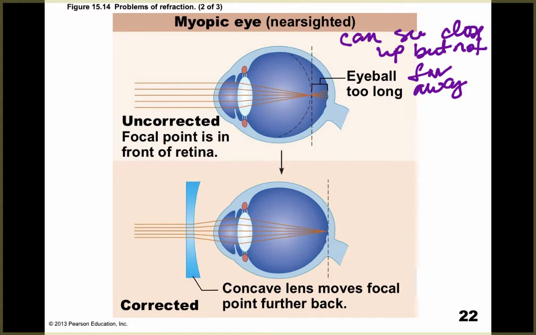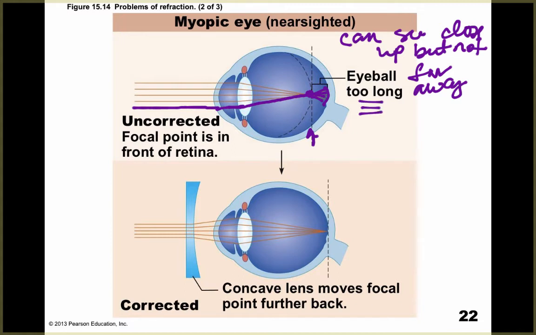What happens here is the light from far away comes in, it refracts here, and do you see how it's scattered in the back? The scattering makes everything blurry. So if you had to wear glasses at a young age, it's because your eye is too long.